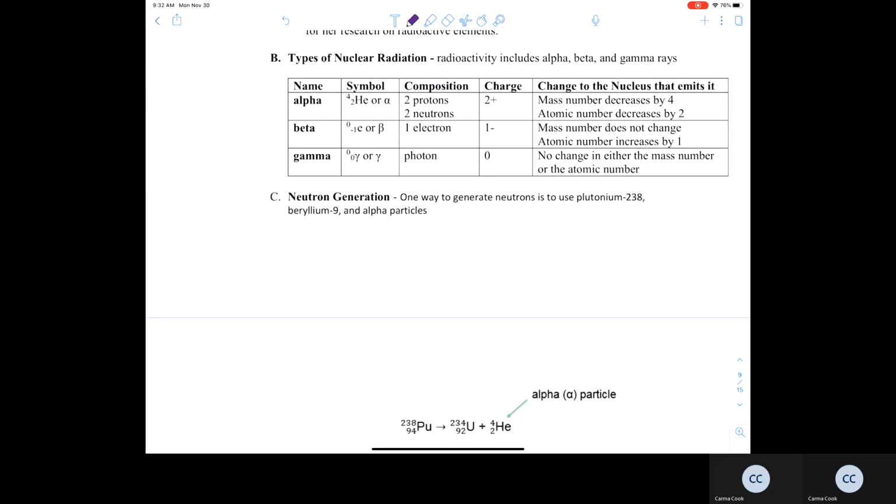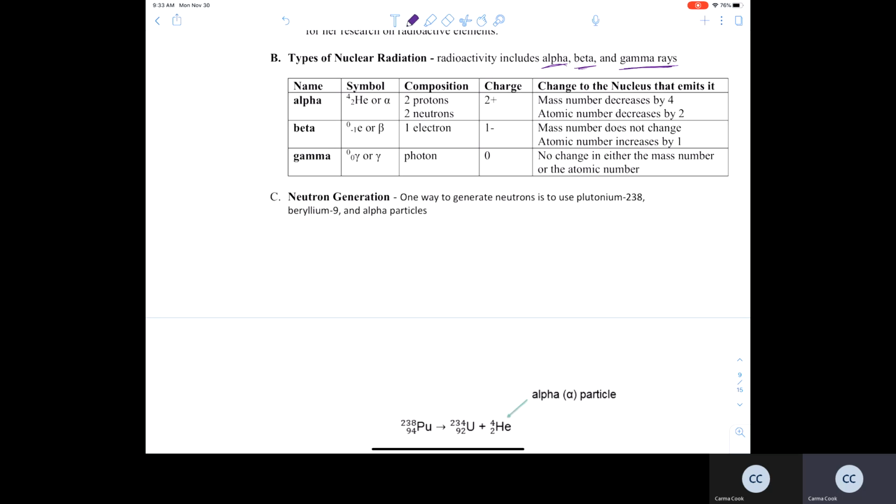Of those various different types, we're going to focus just on 3 types of radioactivity. And that's alpha radiation, beta radiation, and gamma rays. Now, there are other types, but for the purpose of our class, we're going to focus just on the major 3.